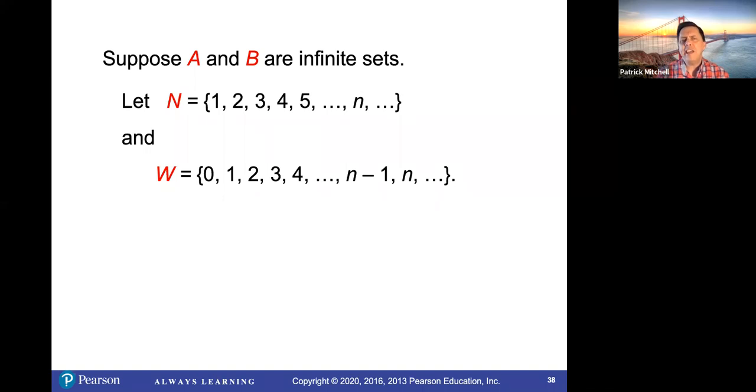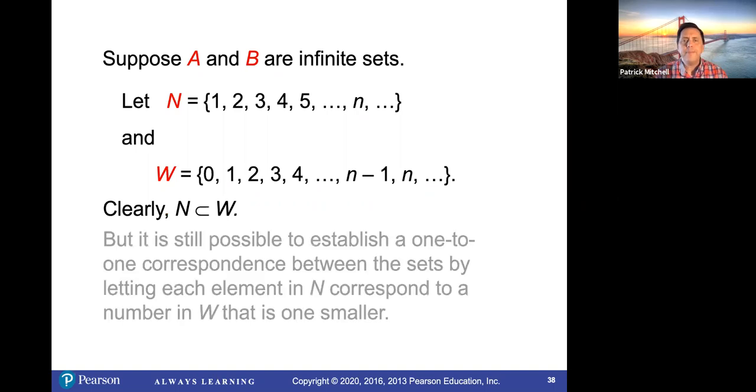It kind of seems like the set of whole numbers is bigger because it has one more. I mean, natural numbers are a proper subset of whole numbers, right? Every natural number is a whole number, but the number 0 is a whole number that's not a natural number. So that means that natural numbers are a proper subset of whole numbers.